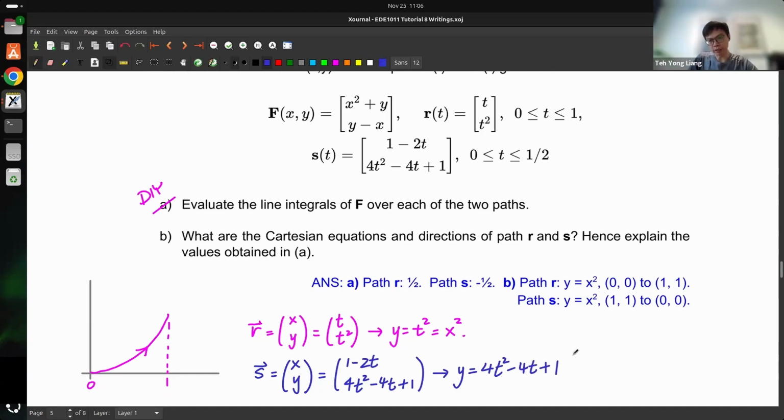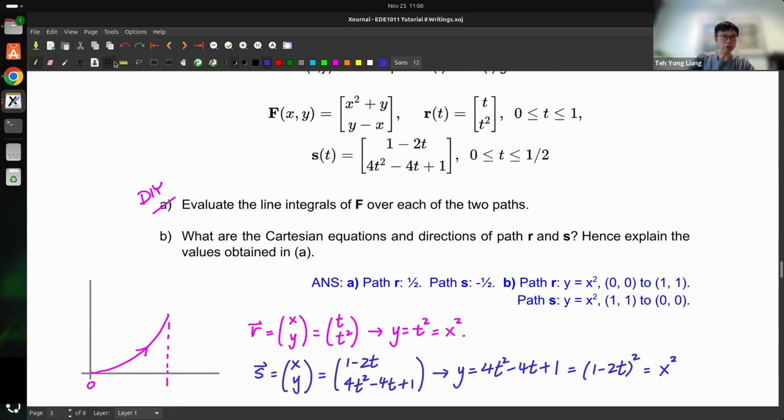If you factorize this, you get 1 minus 2t squared. Because minus 2t squared gives you 4t squared, then 1 squared gives you the plus 1 here, then minus 2t gives you a minus 4t in the center. So it's actually 1 minus 2t squared, which is still x squared, because x is 1 minus 2t. So it is still y equals x squared.